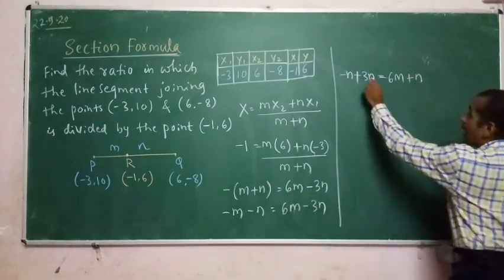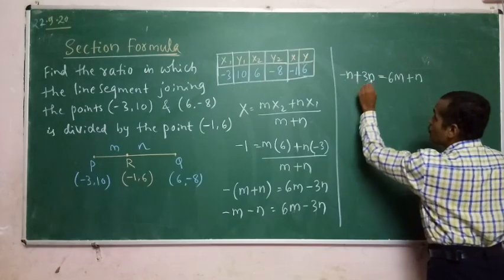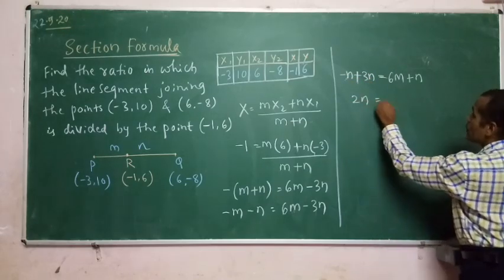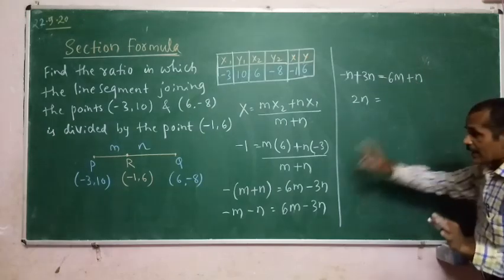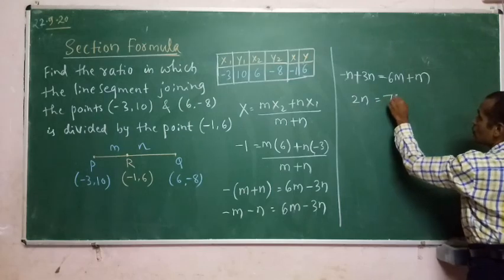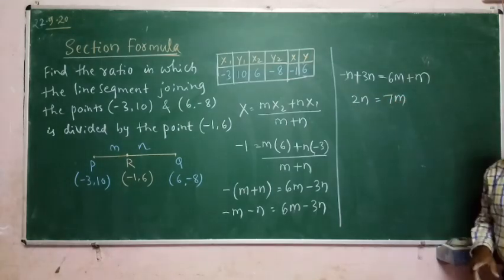Simplify. Minus 3n plus n gives you, plus 3n minus n gives you 2n is equal to, oh sorry, it is m, I'm sorry. 6m plus 1m gives you 7m.